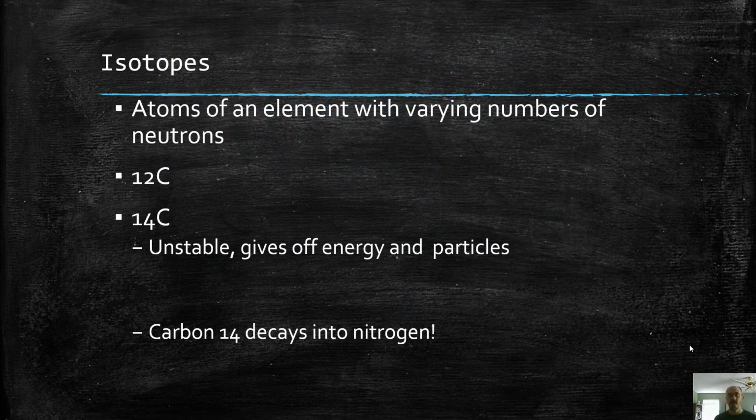Okay, so another thing I want to introduce then, we talked about atoms and how in a typical atom in the periodic table, the number of protons equals the number of electrons. And you can figure out the number of neutrons by finding the difference between the atomic mass and the atomic number. But in reality, there's some variation here, known as isotopes, atoms of an element with varying numbers of neutrons.